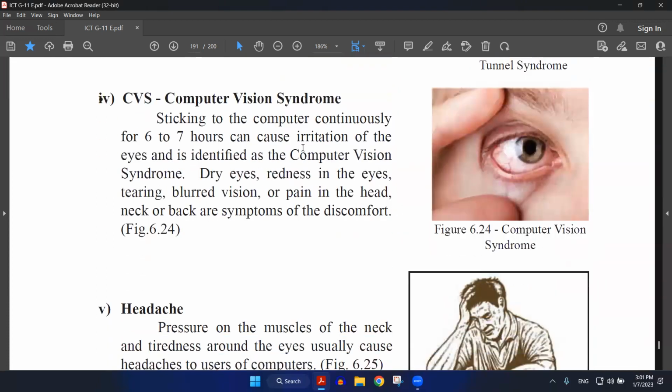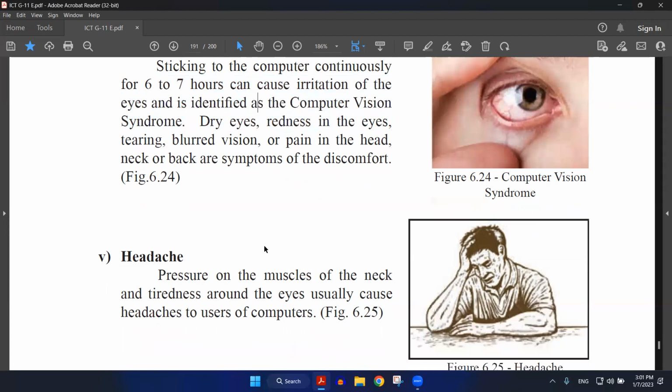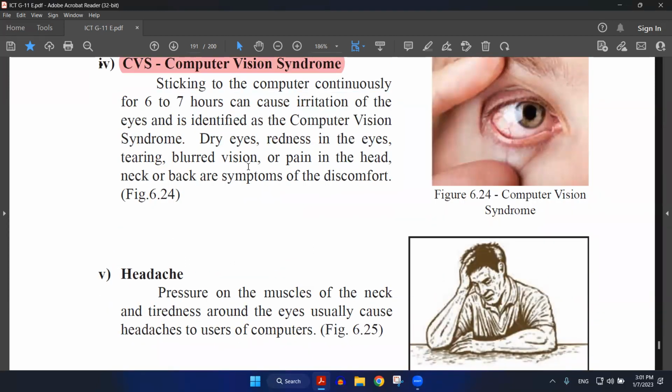Okay, moving forward, CVS, computer vision syndrome, as well as you can go with the headache as well. Yeah, you have to go with the entire paragraph.